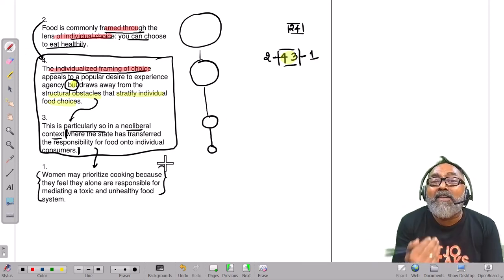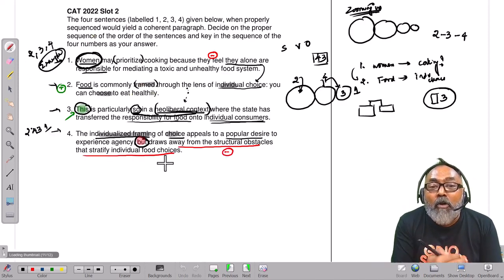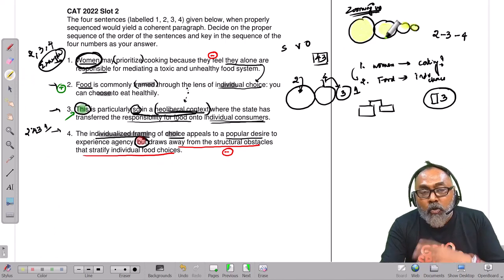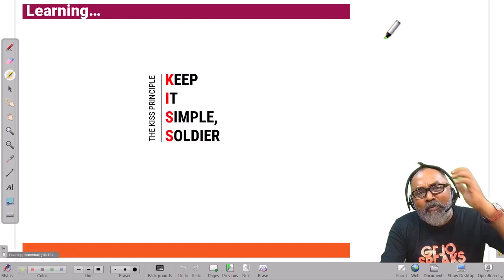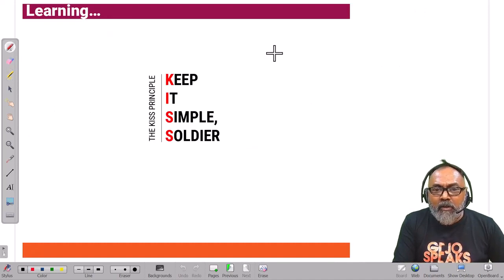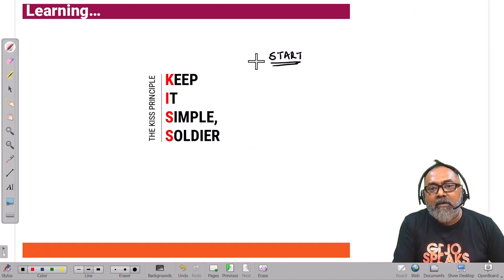How do I figure out that's an example? How do I move from here? I move by looking at how this zooming in is happening. Correct? So what are we learning? We are basically keeping it simple. So we can identify the start.